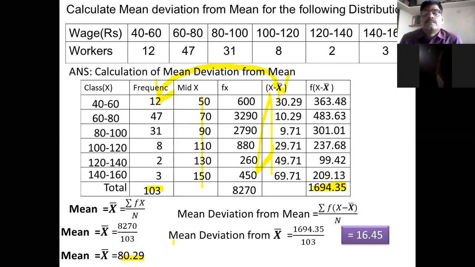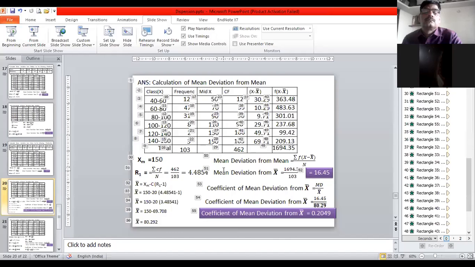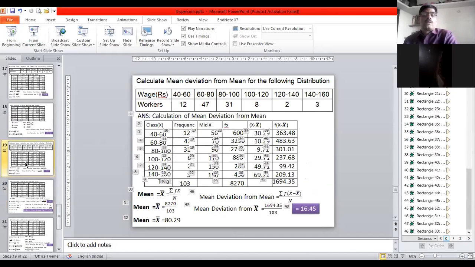Then if they ask to calculate the coefficient of mean deviation, then you calculate here. This is called the mean. Okay.